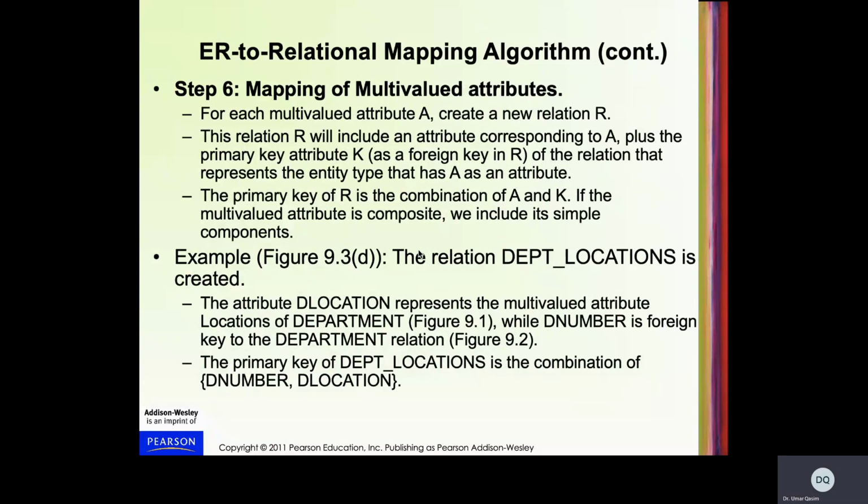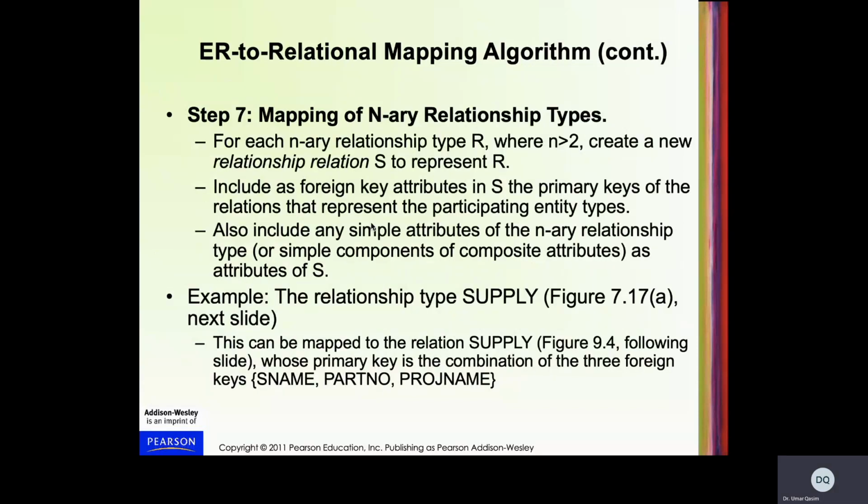This new relation will include an attribute corresponding to this attribute plus the primary key of the table that already exists. So we add a new table, we put the primary key of that table as a foreign key in this table, and then we add the attributes in that table as well. Department locations is such a case.